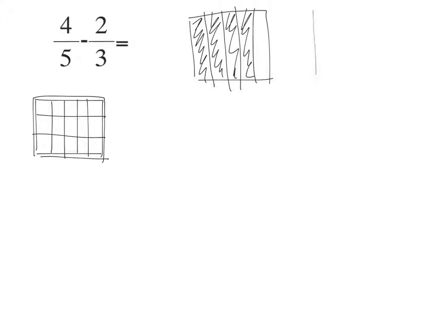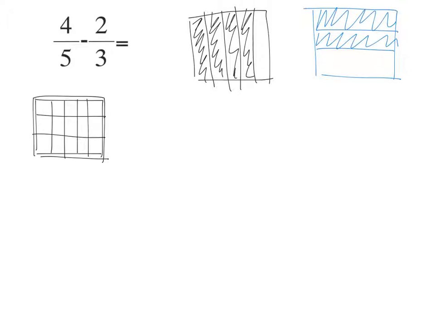Then I'll draw my next rectangle and divide it into how many total sections, Sophia? 3, because I'm trying to model 2/3, right? And how many of those sections do I need to color in? 2. And of course, we're going to label these 4/5 and 2/3.